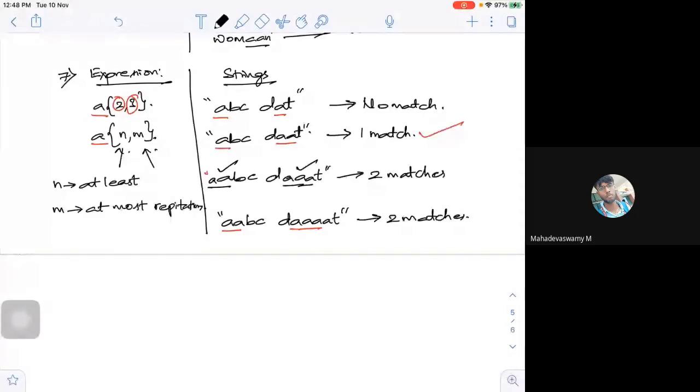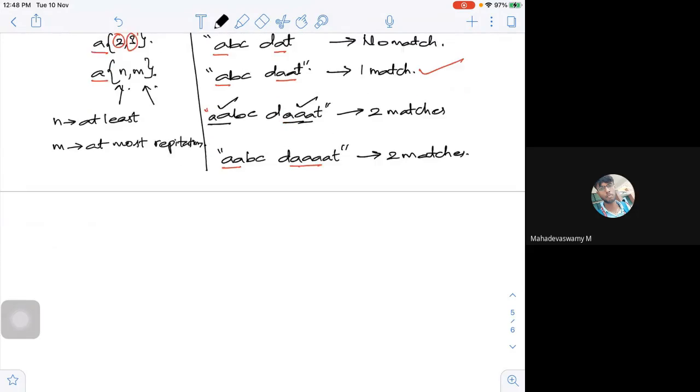It is not restricted to only words. How about searching for a letter? Say for example, I have an expression something like this. I have another expression something like this. So I have to search for a letter from 0 to 9, say 2 comma 4.